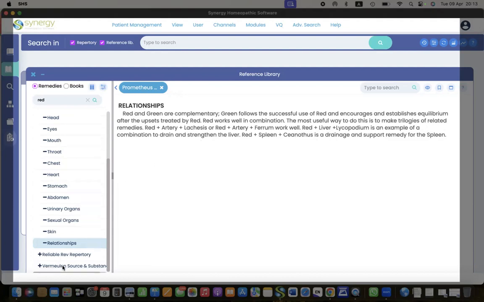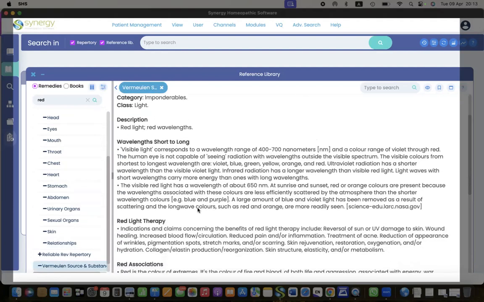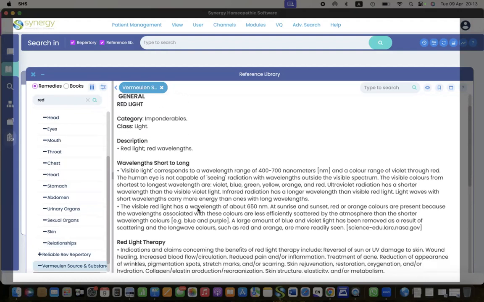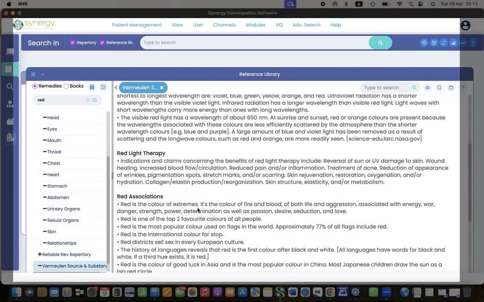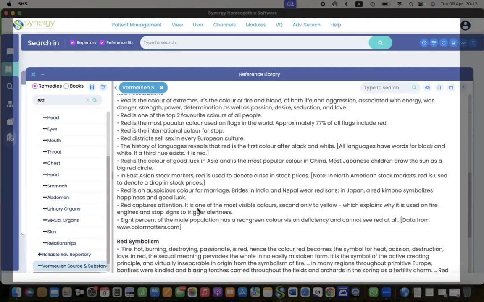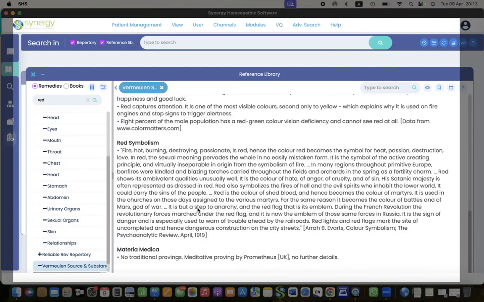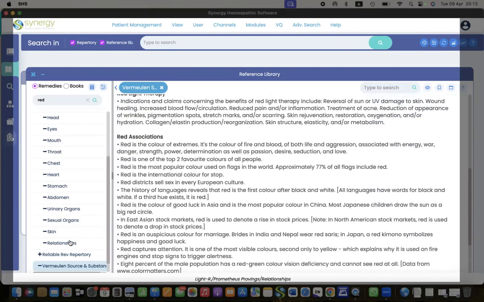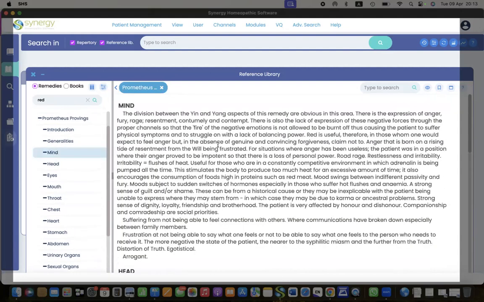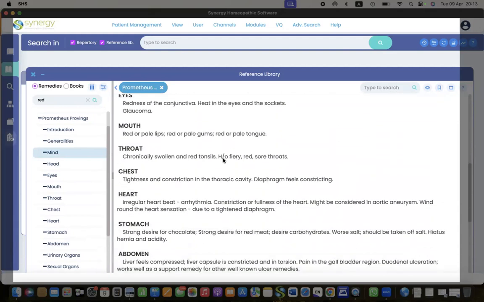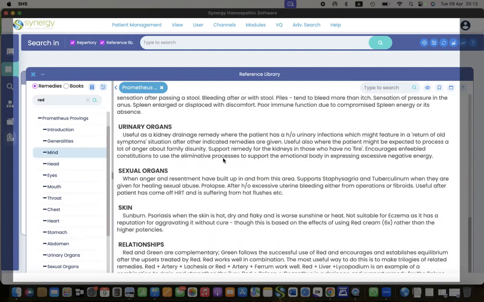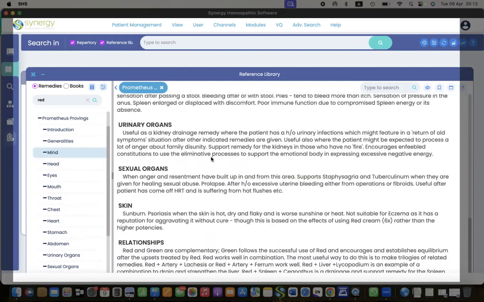Let's just have a look. For meal and source and substance, it does give a bit of stuff on what the colors are about, the symbolism. So this would be a bit of the kind of David Lilly. Yin yang aspects of the mind. So one can get some material on some of the colors, but it's definitely not widespread.